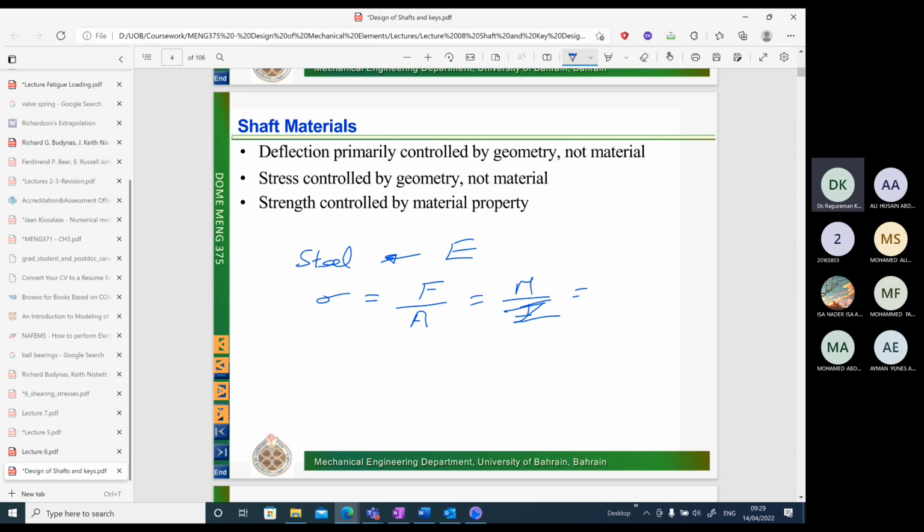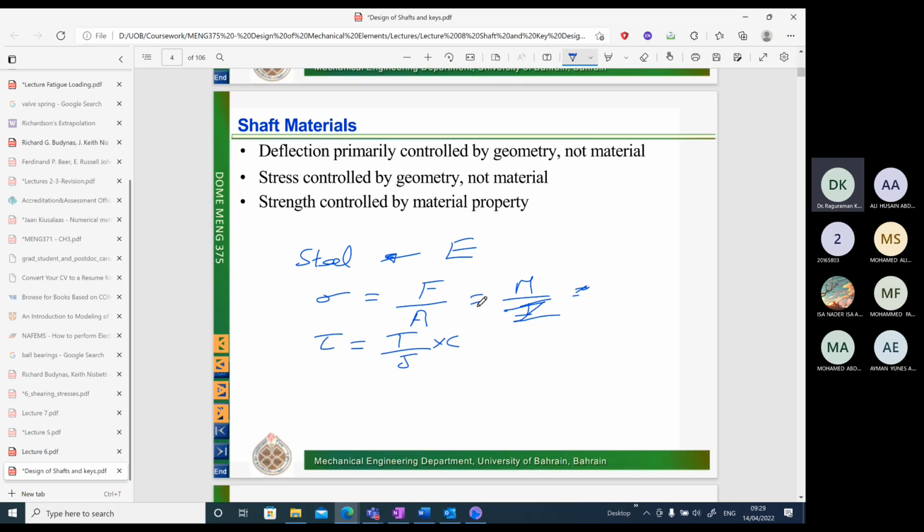Or if it is torsion, then for shear stress we can consider T over J times C. J and C are geometric parameters, and nothing about the material comes in. Strength is, of course, a function of the material we choose.